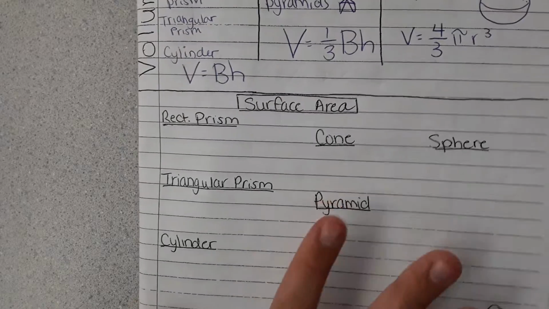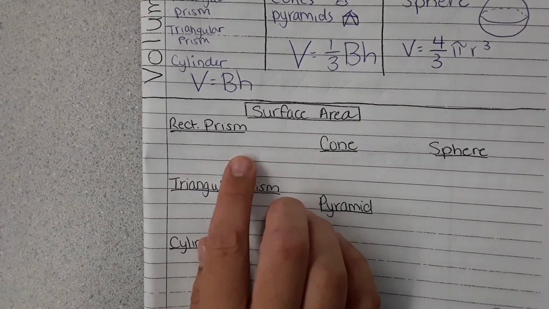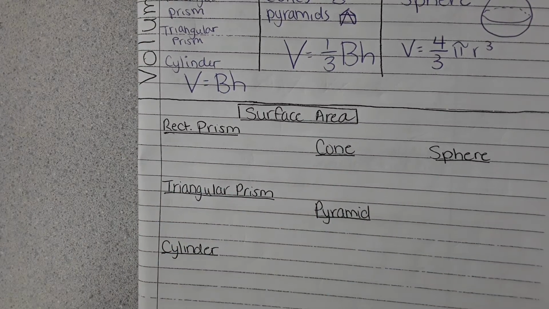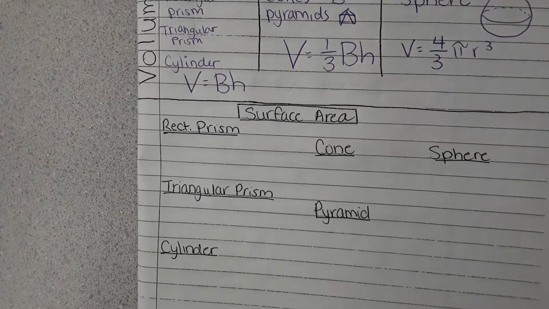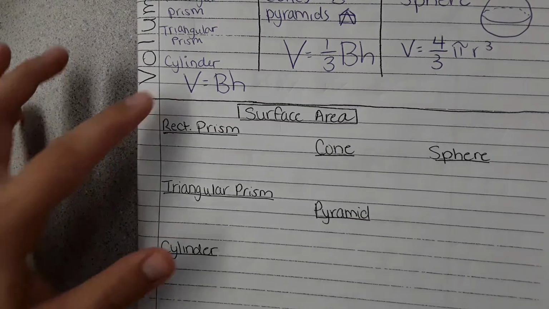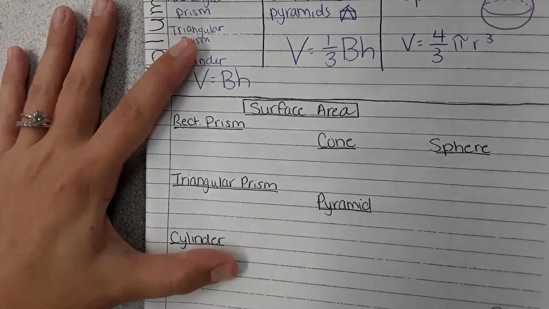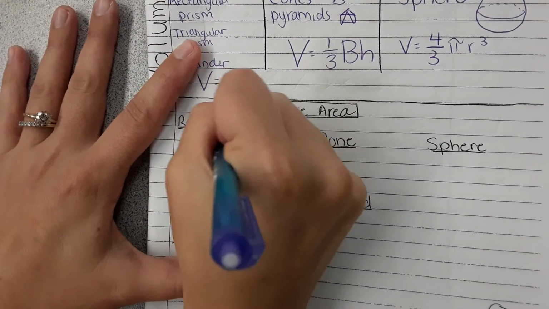So for surface area, we're going to flatten the sides. The concept for surface area is the area of all the faces. So for a rectangular prism, which is where we're going to start, we're going to flatten the sides to create what's called a net. So if I was to draw the bottom of this, I would draw a rectangle.